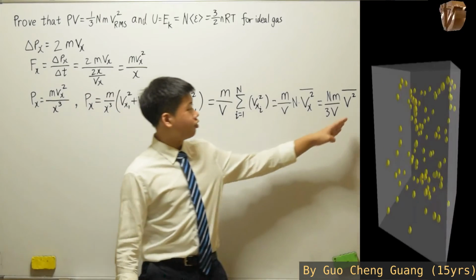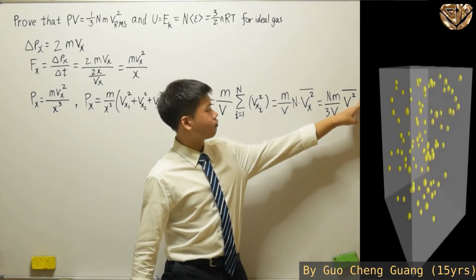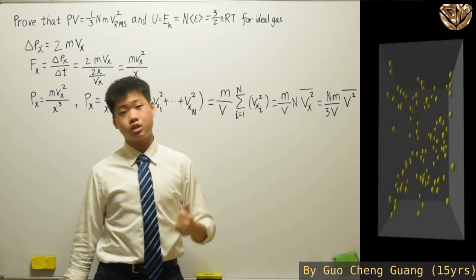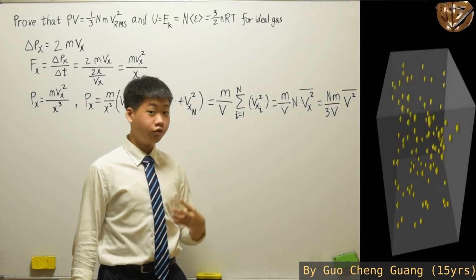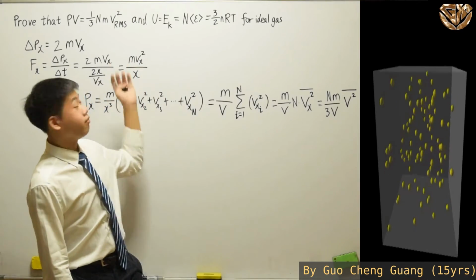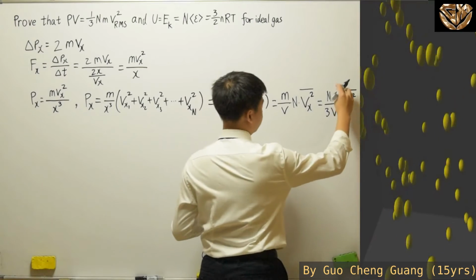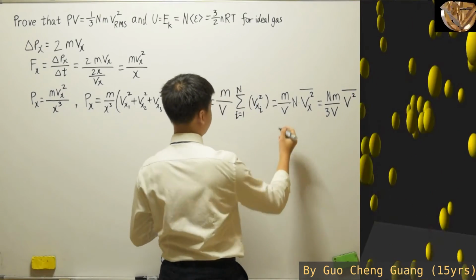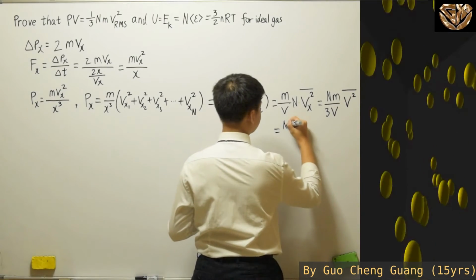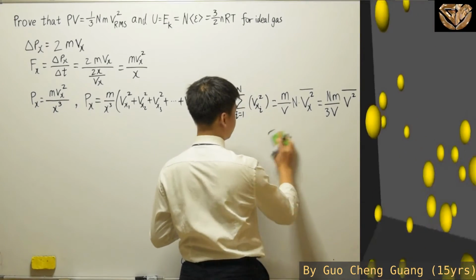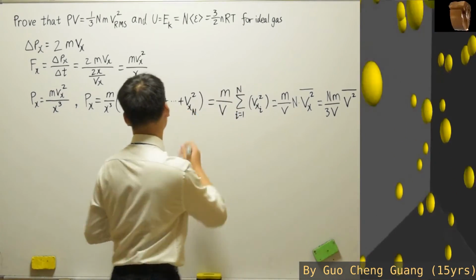Now, you have a square, you have your average. Now that already makes up the square and the mean part of, what do you need here? The root mean square. So now you just have to square root this, right? Which means you would have to square it again. Or you could already move the V to the other side.